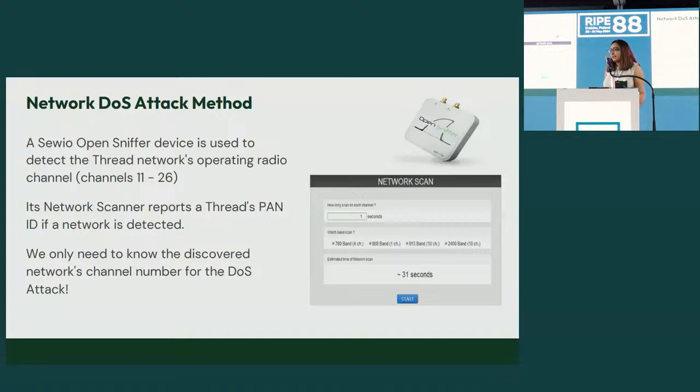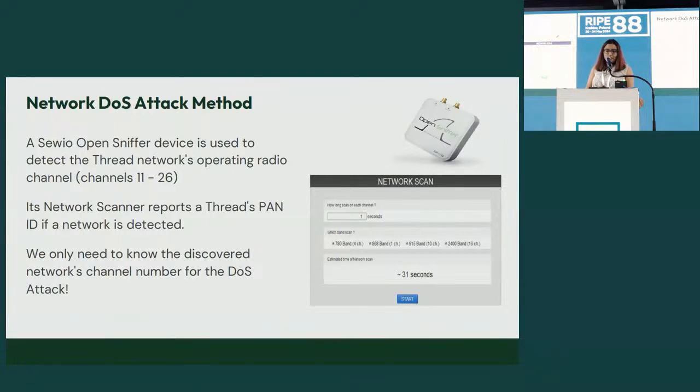To create an attack, because we needed a sniffer to see what is happening in the network, we used Open Sniffer from CVO. This sniffer can scan all the wireless channels in that particular area. For the Thread network radio channel, you can see we selected all 4 bands: 780, 868, 915, and 2400.